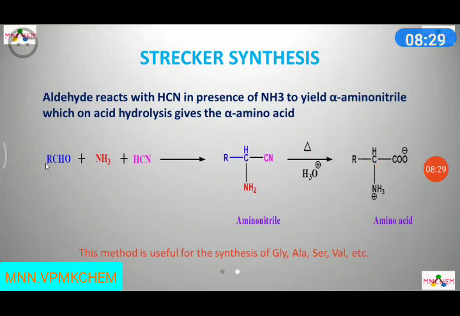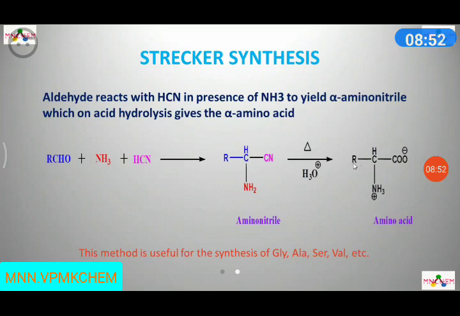Here, depending upon the R in the aldehyde, we can design the synthesis of different amino acids. If the reaction is started with acetaldehyde, where R is equal to CH3, the amino acid formed will be alanine.